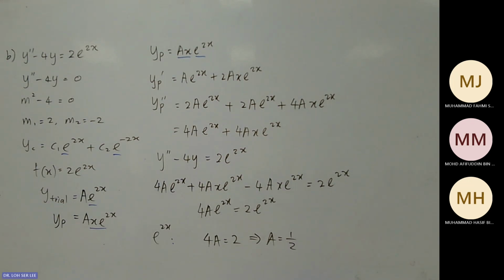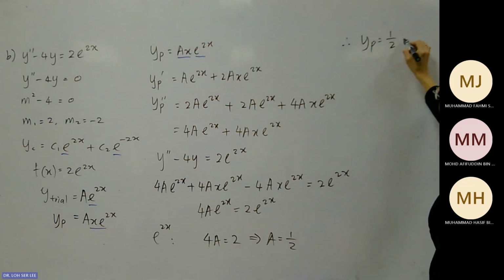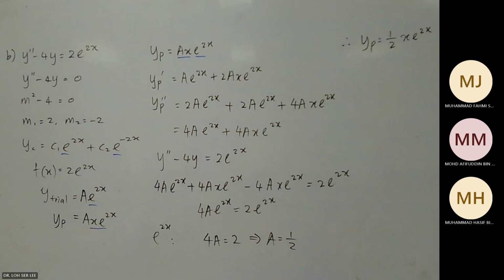Then update your yp, combine to the yc, then you get your final solution. So yp is half x e^2x. And finally, y is yc plus yp. Your yc is c1 e^2x plus c2 e^negative 2x, then plus half x e^2x.